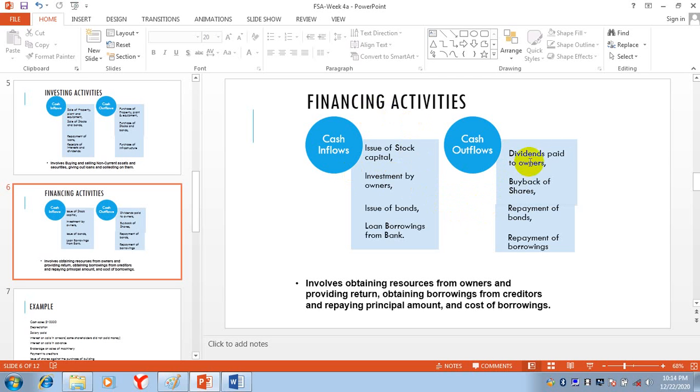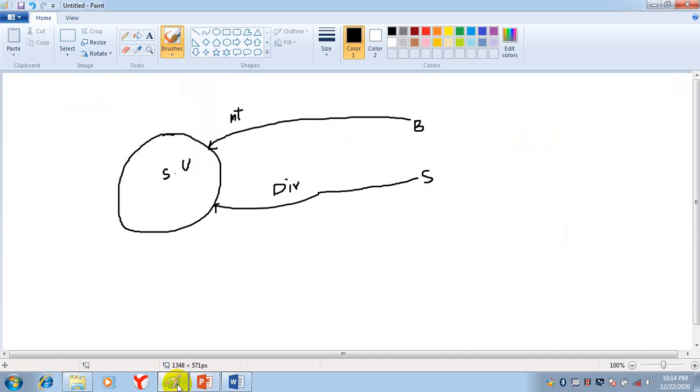When we are paying dividends and when we are paying interest, interest is coming in operating activity, so interest will not come just. So three things: shares, bonds, and bank loan.